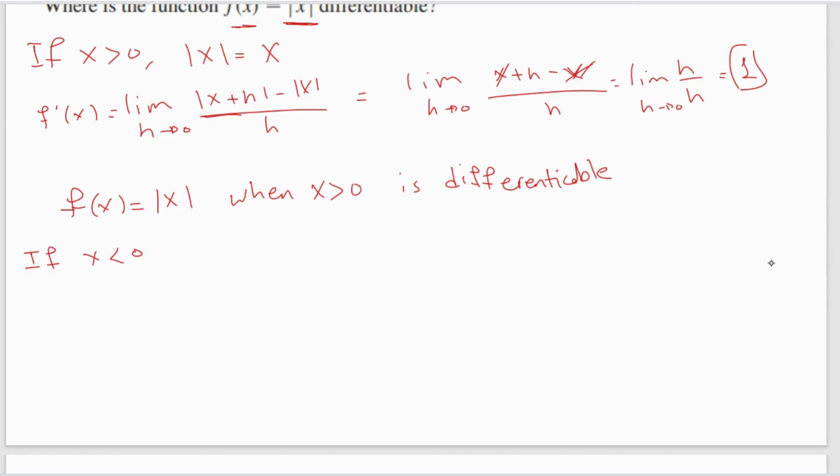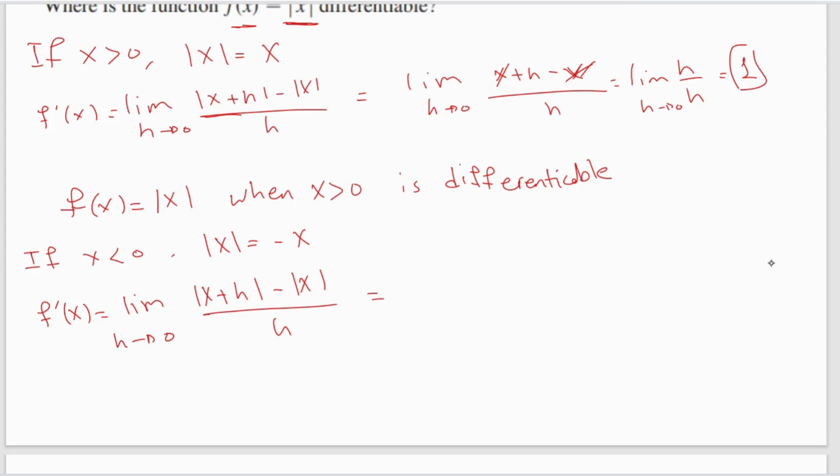If x is less than 0, we will have the absolute value of x is equal to negative of x. So we will have f prime of x is equal to the limit of the absolute value of x plus h minus absolute value of x over h as h goes to 0.